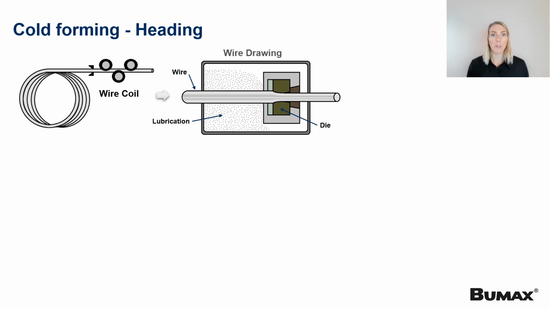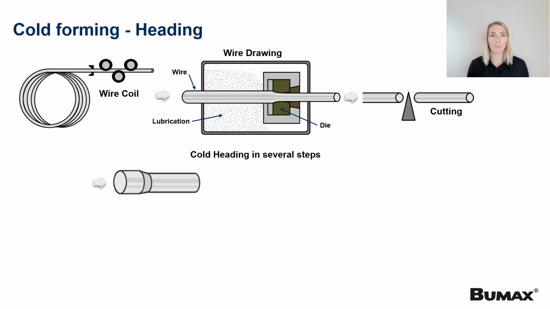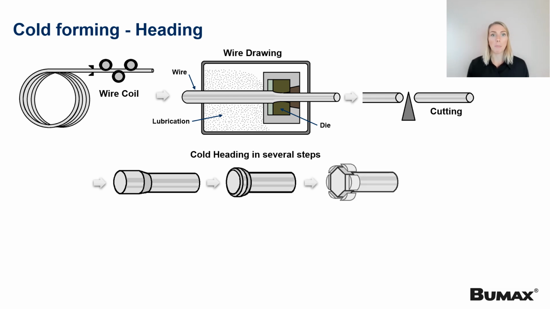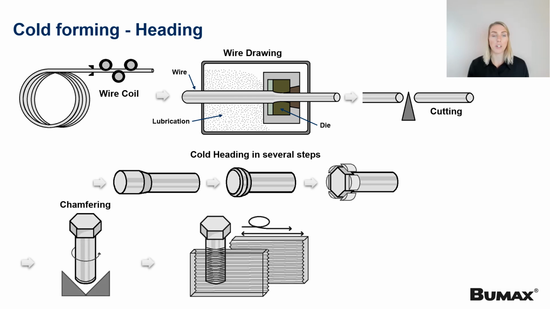From a larger wire coil, the wire needs to be drawn to obtain the correct thickness and strength. Then the wire will be cut into smaller pins. The pins are then placed in a die and compressed by the action of a press until it fits into the desired shape. Depending on the geometric complexity of the component, several operations may be required to gradually deform the metal.